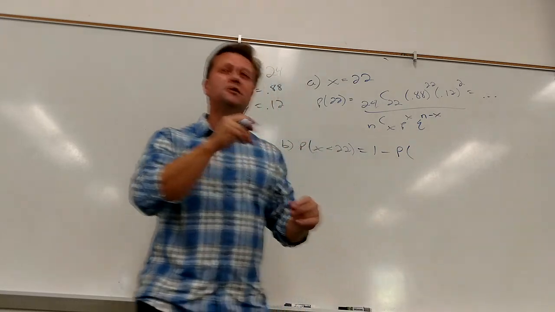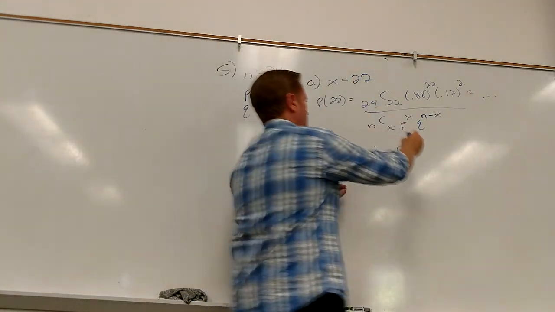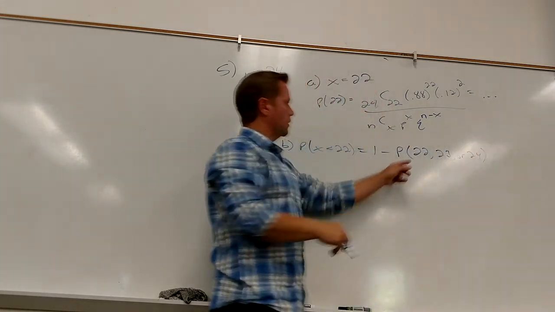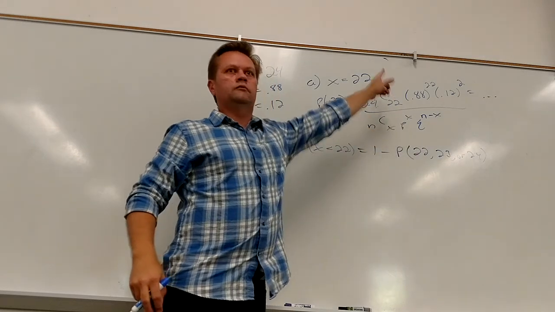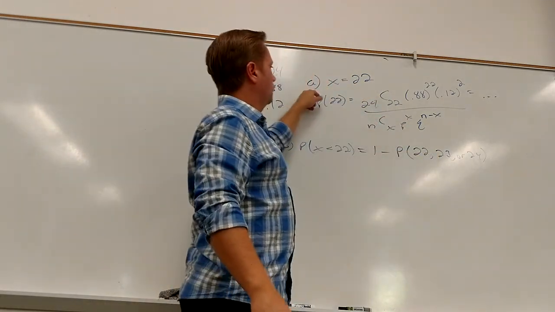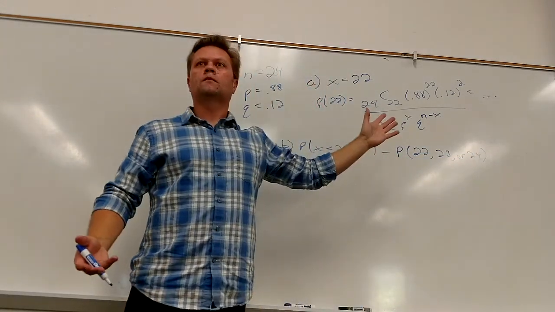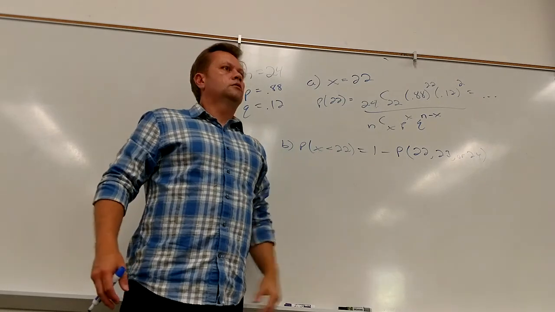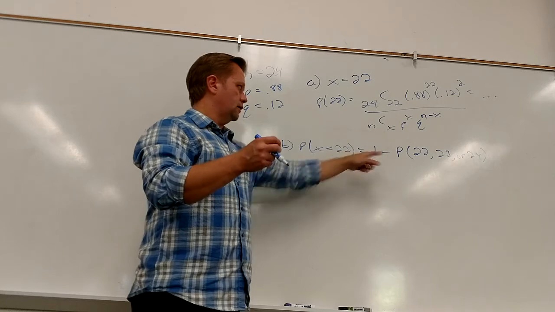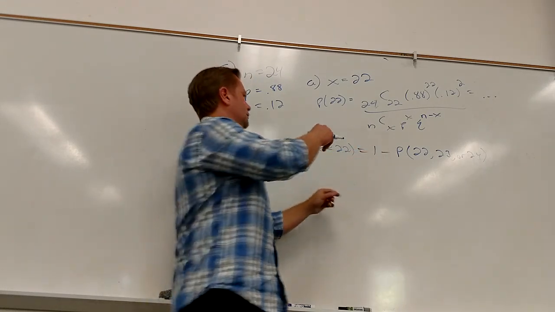Yes, greater than or equal to. So 22, 23, or 24. What's awesome about this is we've already done 22 for part A. So now you just do that formula for 23, do that formula for 24, and then subtract all of those from 1.